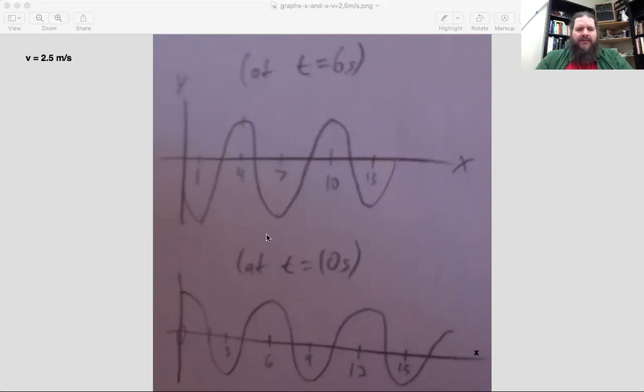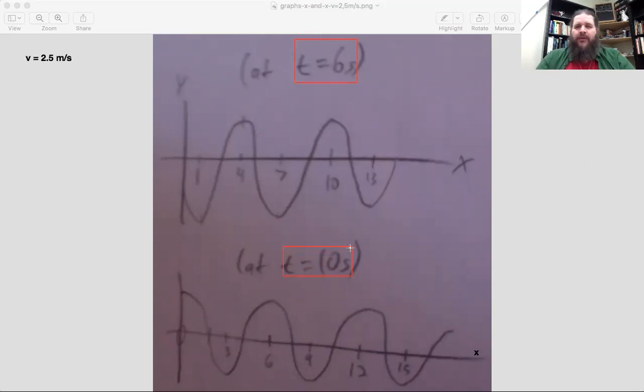You can't really find a point in common here because everything on the first graph is at what time? Yeah, the entire first graph is 6 seconds. We can't just look for 6 seconds on the other graph because the entire second graph is at a different time, 10 seconds.